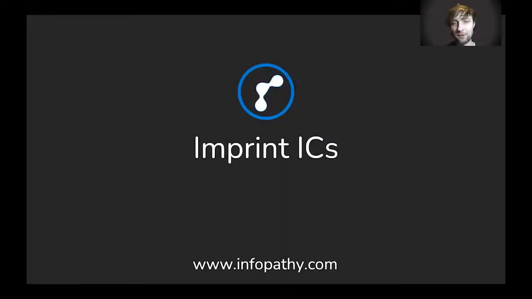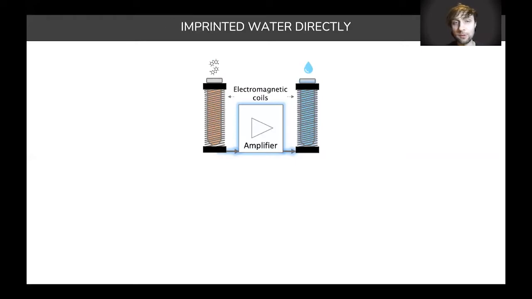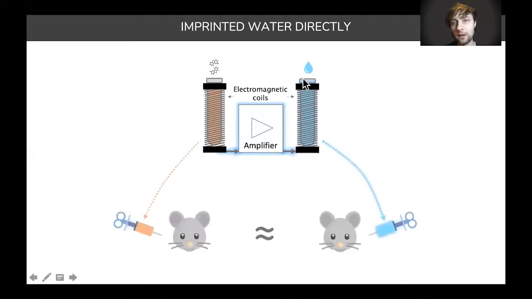Okay, let's talk now about the imprint ICs. As I said in the previous presentation, it's possible to transfer the signal from a substance to pure water using electromagnetic coils, amplifying the signal, and get imprinted water, which will have a similar effect to the original substance.